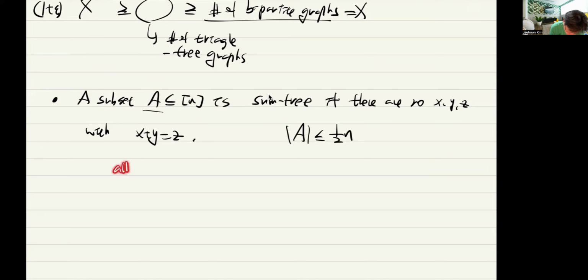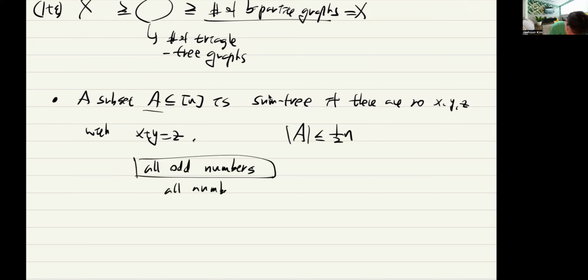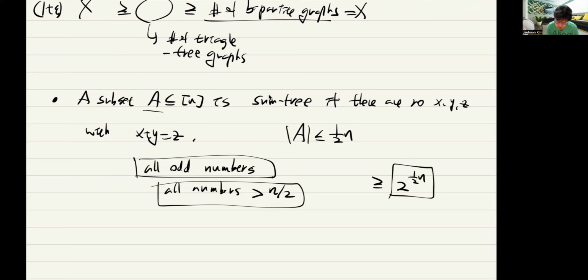You can take all odd numbers, and that gives you a sum-free set, or all numbers greater than n over 2. And that also gives you a set of size half. As any subset of this gives you a sum-free set, the lower bound is 2 to the n over 2.